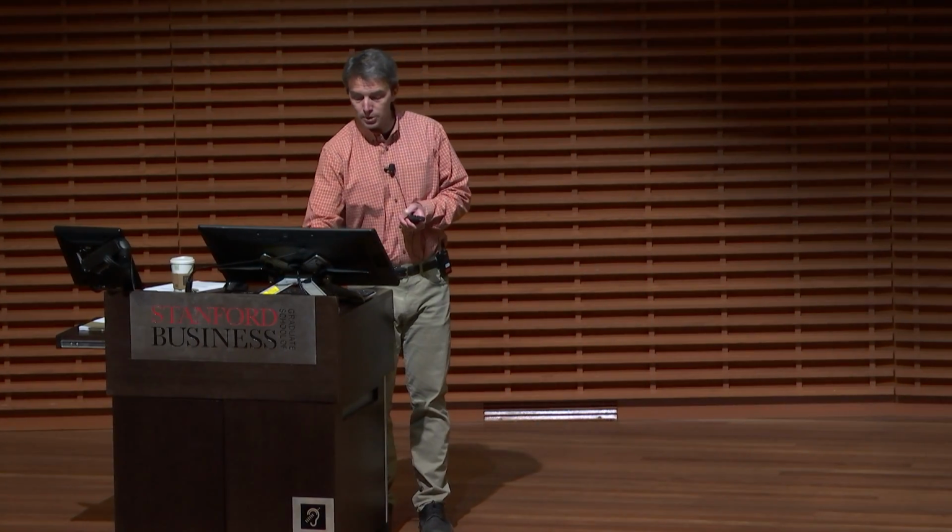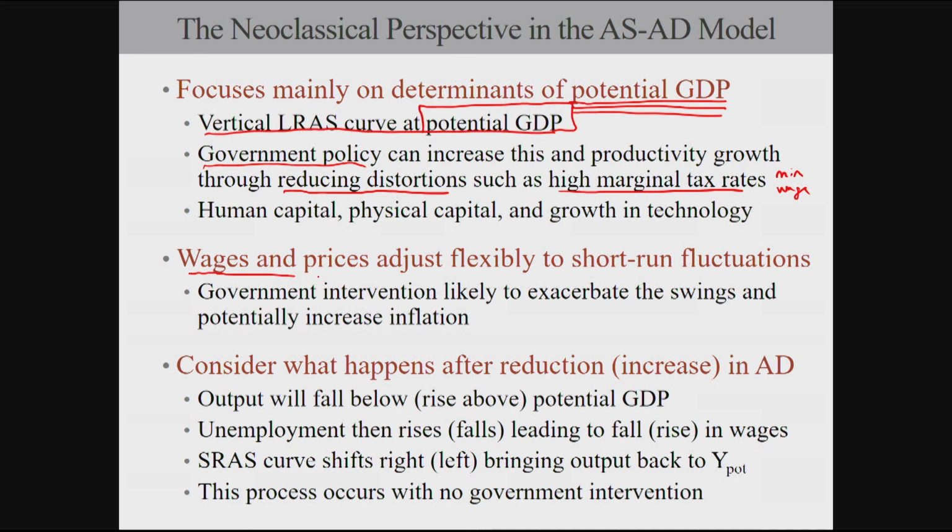The neoclassical perspective argues that wages and prices will adjust flexibly to short-run fluctuations, and that it's not great for the government to intervene because government intervention will exacerbate the swings and potentially increase inflation.